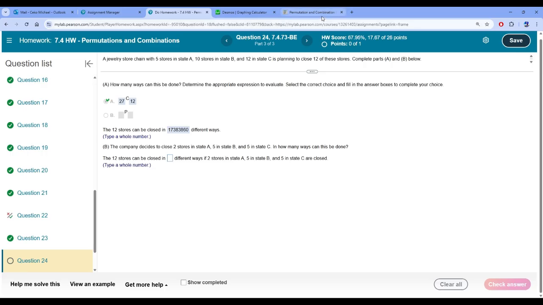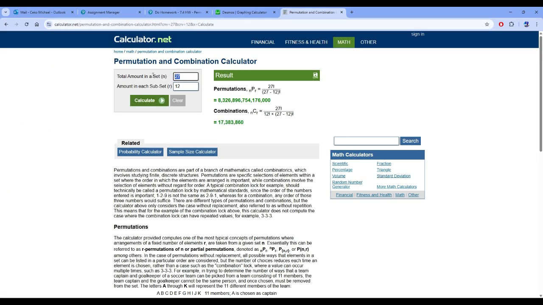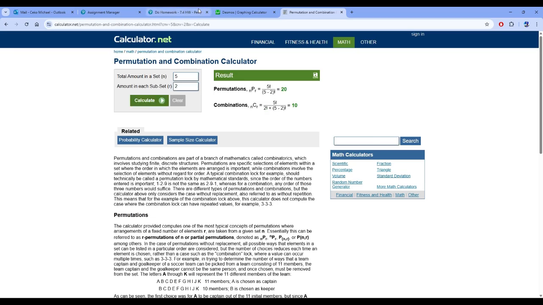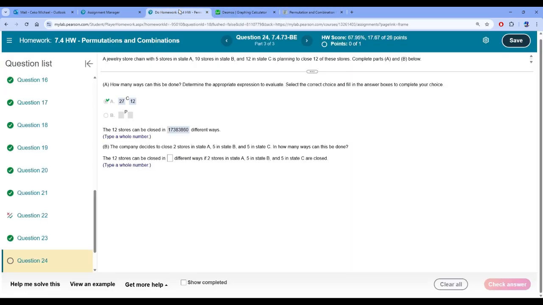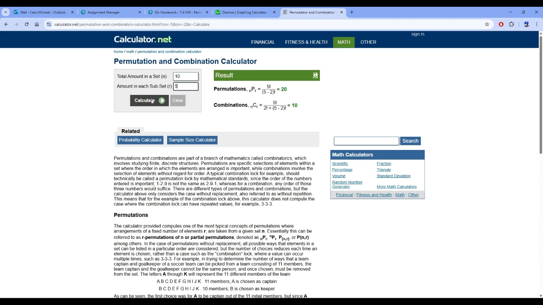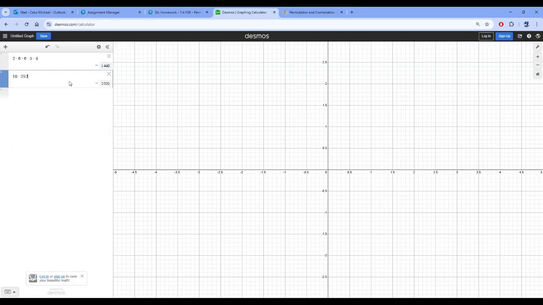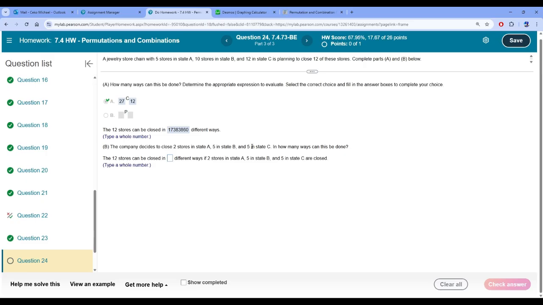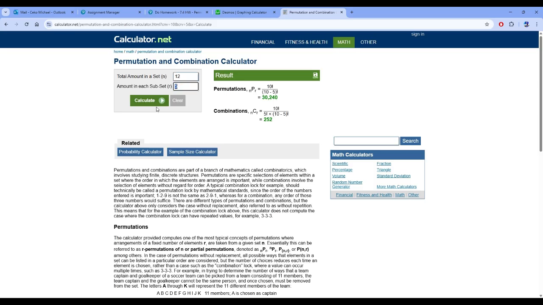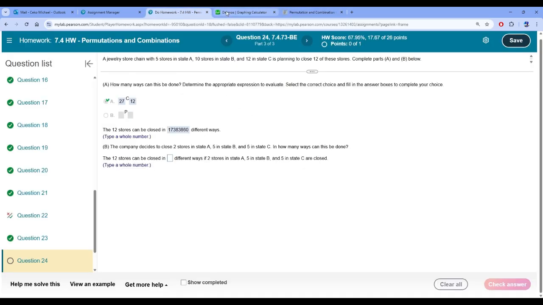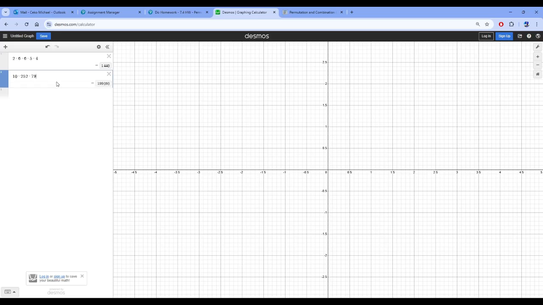So 5 choose 2, right? 5C2 is 10. 10C5 is going to be 252, times 252, and then 12C5, 792, times 792 would give me that number.